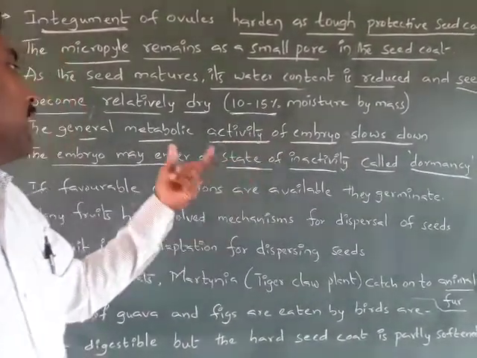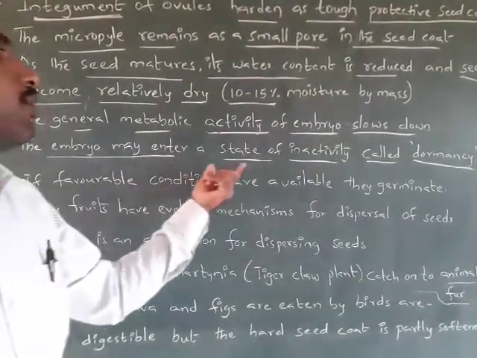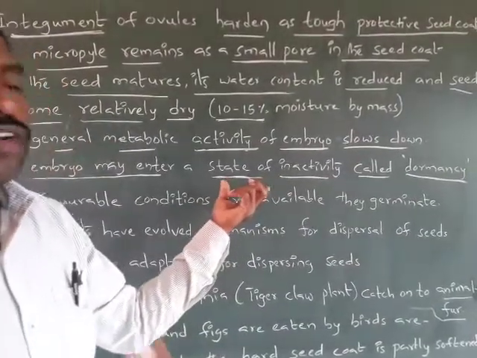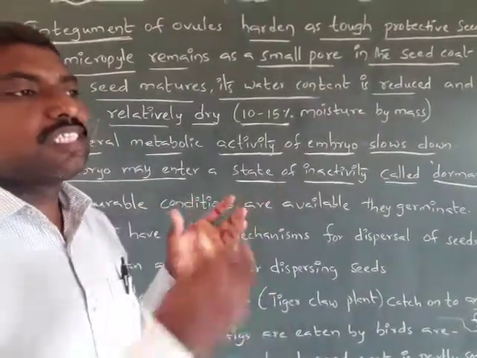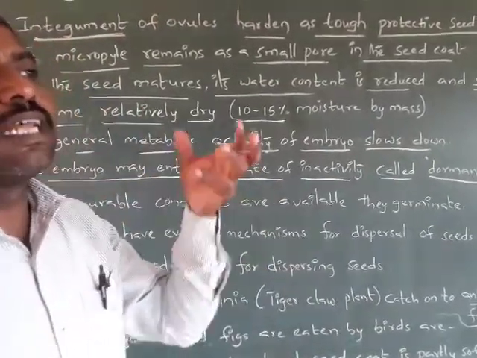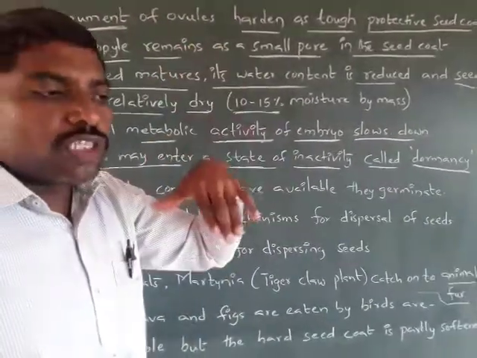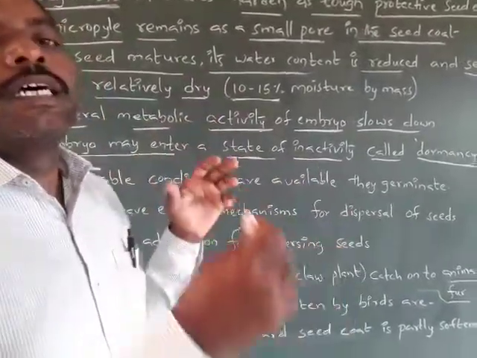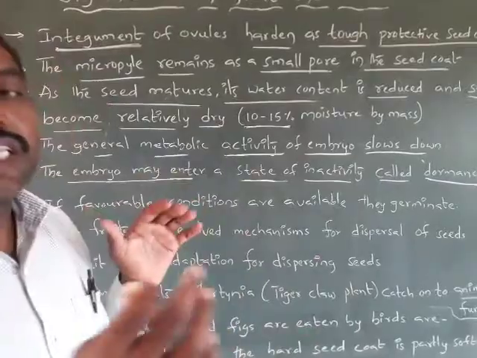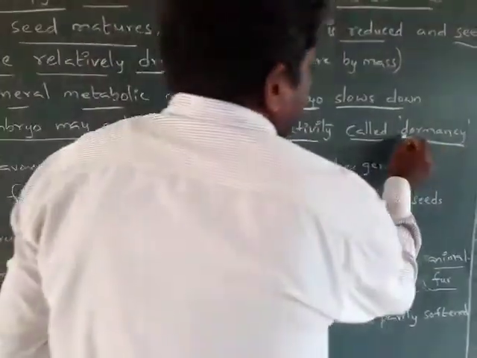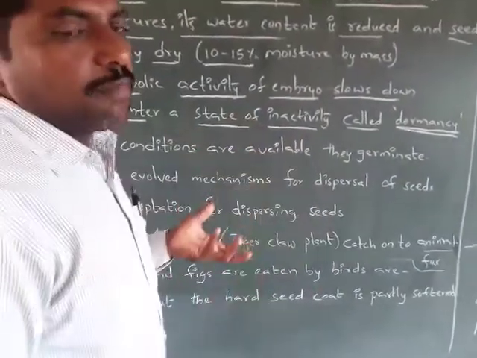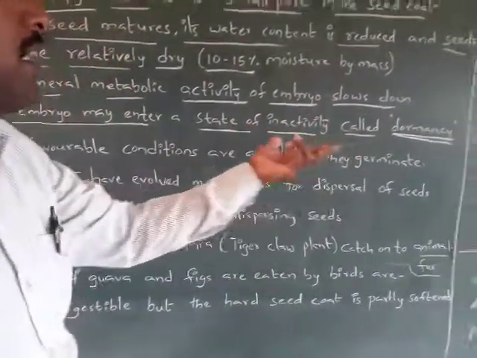The embryo undergoes a state of inactivity, which means the metabolic activity slows down or is stopped. That condition is called dormancy.